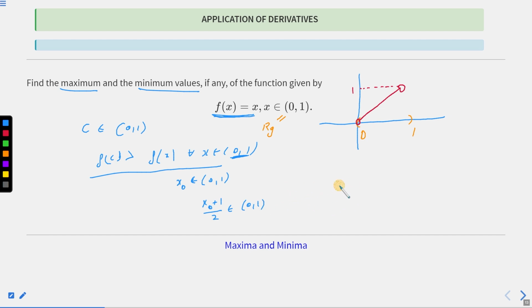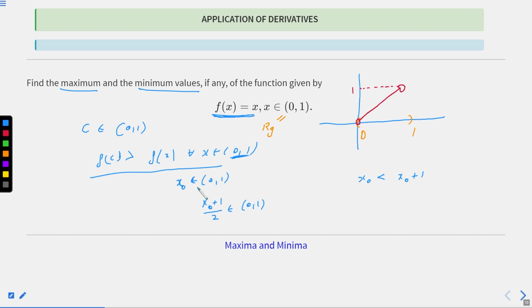But one thing is very clear: for every x naught in this interval, x naught is less than x naught + 1.